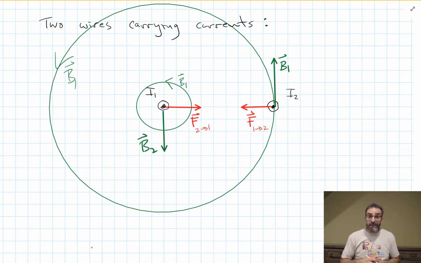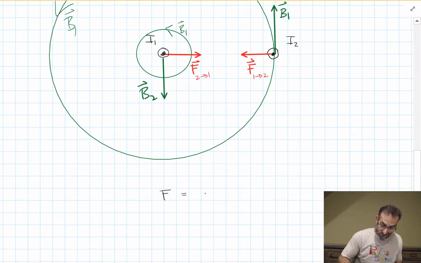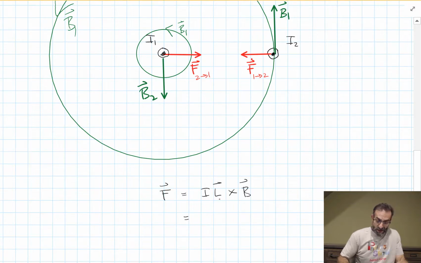Now we want to figure out what that force is. So let's look for the force on wire 2 due to wire 1. Wire 1 acting on wire 2.